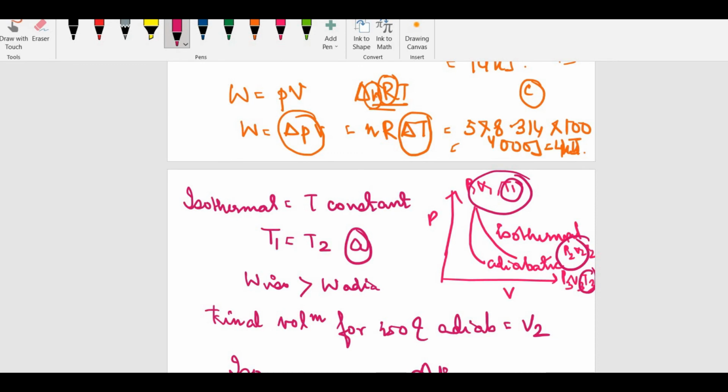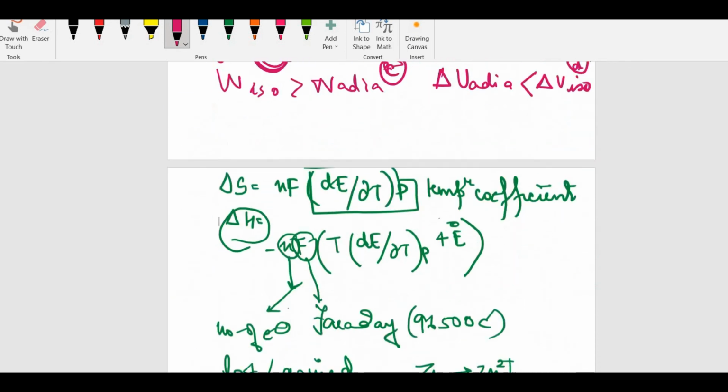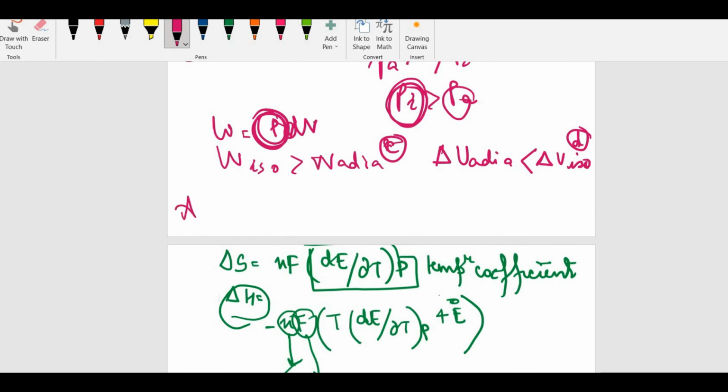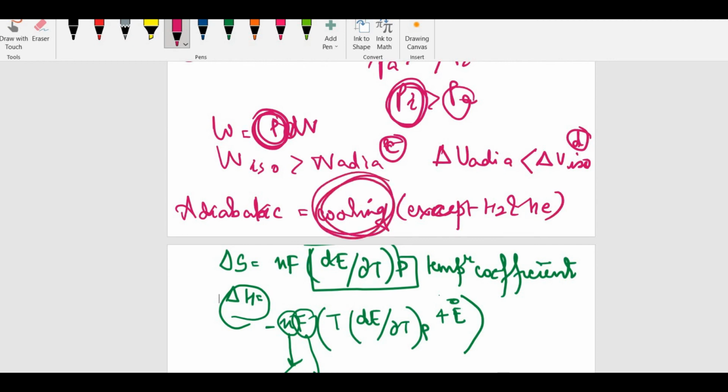Now, using our basic concept, adiabatic processes lead to cooling, except for hydrogen and helium. In all other cases it leads to cooling. So if it leads to cooling, then temperature T3, that is final, should be less than initial. But it is mentioned just the opposite, T3 is greater than T1. So that should not be the case, so option number B is not correct.